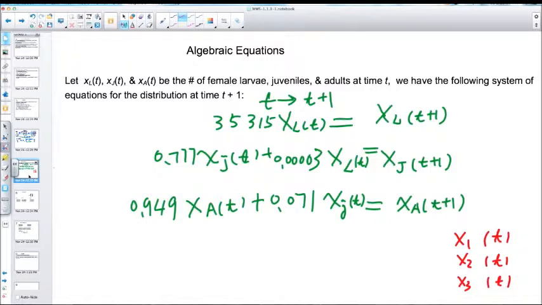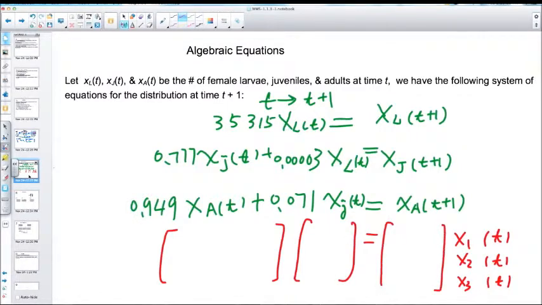Well, let me write the matrix. Now, you always put the structure first, because this vector will be 3 by 1, easy to fill in.